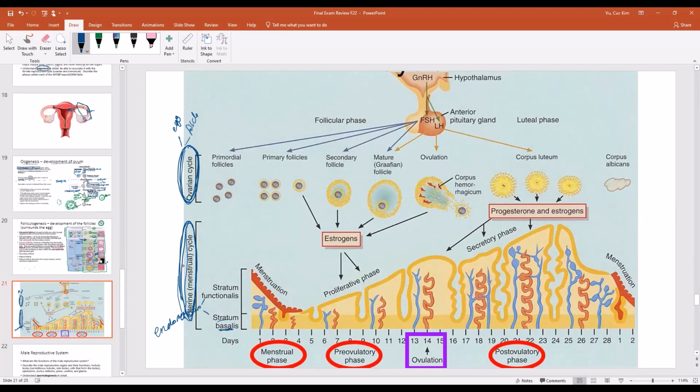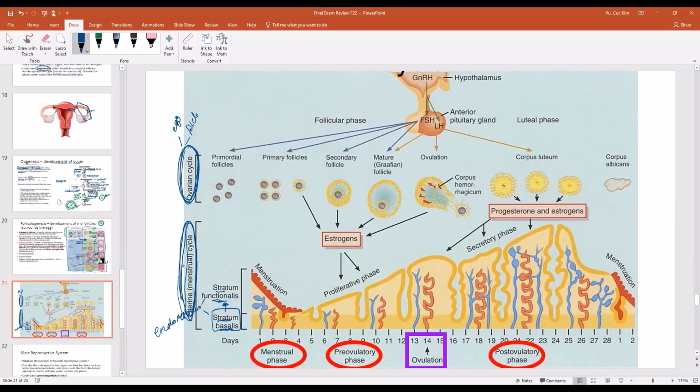You can call it bacillus, whatever, as long as you know what it is. And then the stratum functionalis, which is not always there. The basalis is always there, and it will build the stratum functionalis every month. So depending on what day of the month it is, your uterine lining is going to look different.